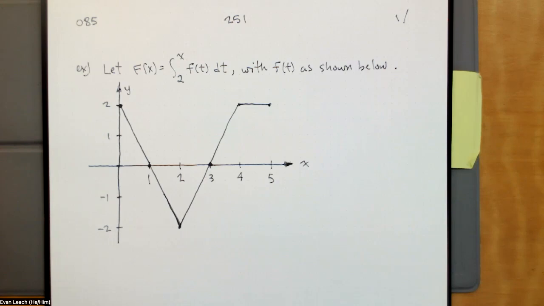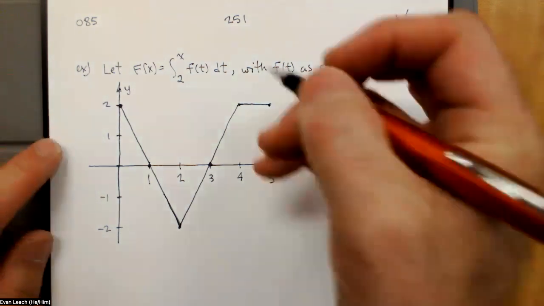Here I am using the second part of the fundamental theorem of calculus to define an antiderivative. So this is what it looks like when we use the second part of the fundamental theorem of calculus to construct an antiderivative.